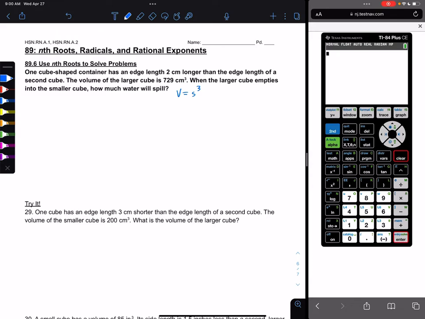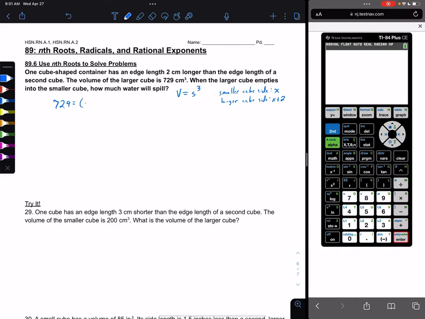So we know the volume of the larger cube. So let's say 729 is equal to, the smaller cube side is just going to be S. I don't want to use S, I'm going to use X. And the larger cube side would be X plus 2.